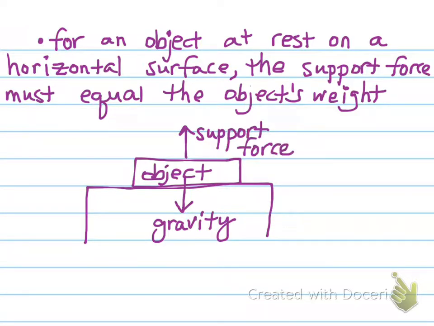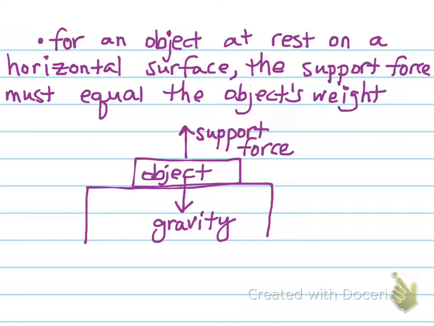And that's why that object is not moving in a vertical motion. It's not moving up or moving down. Now, if this object was moving up, that would mean that the support force is more than gravity. If this object was moving down, it would mean that the gravity is more than the support force.